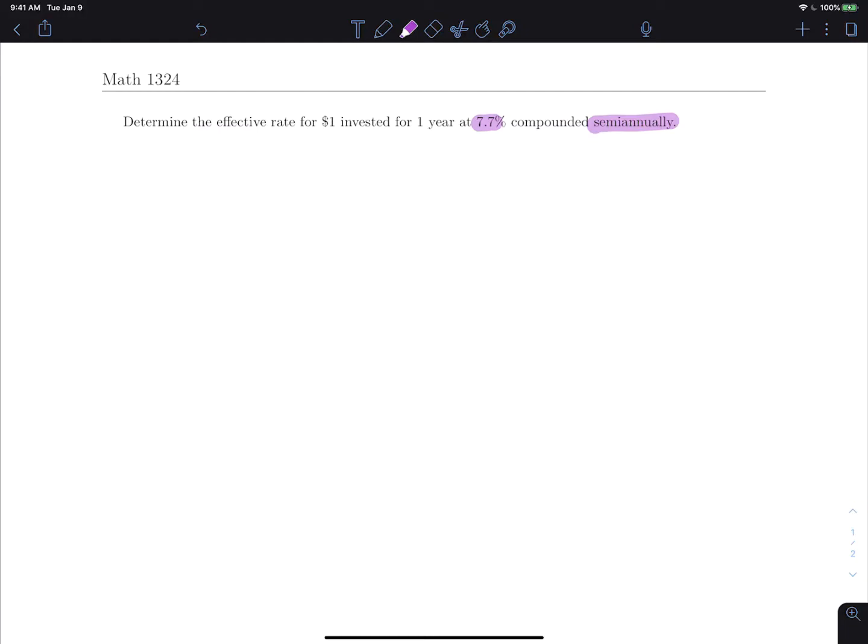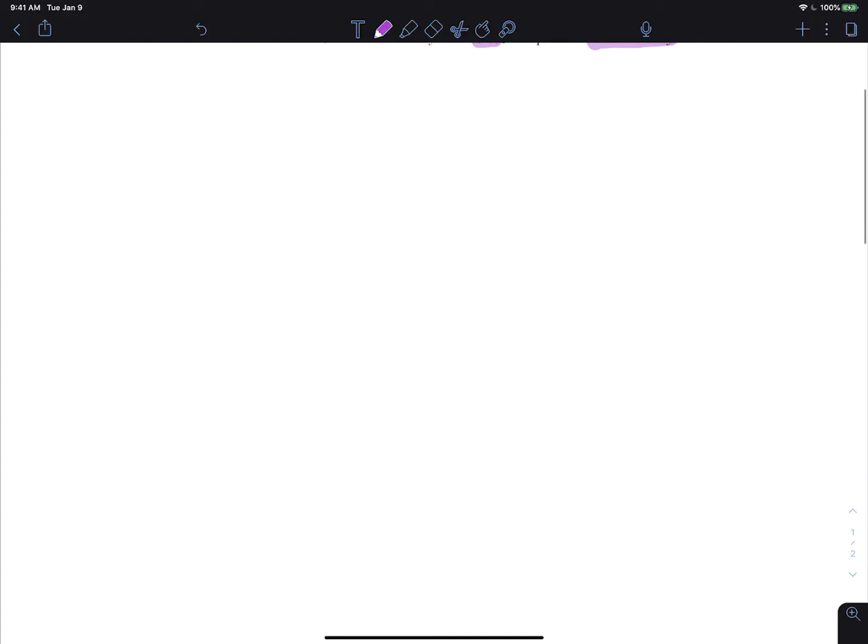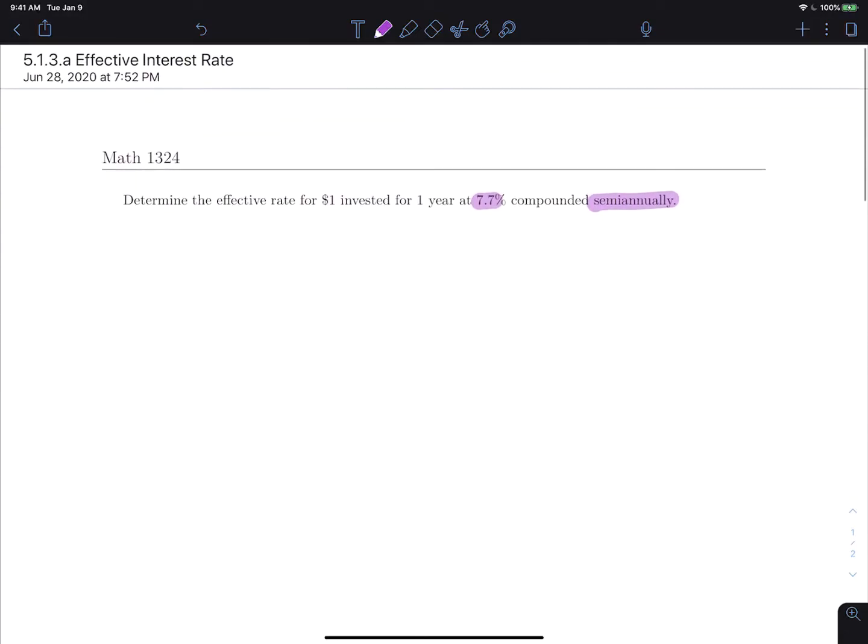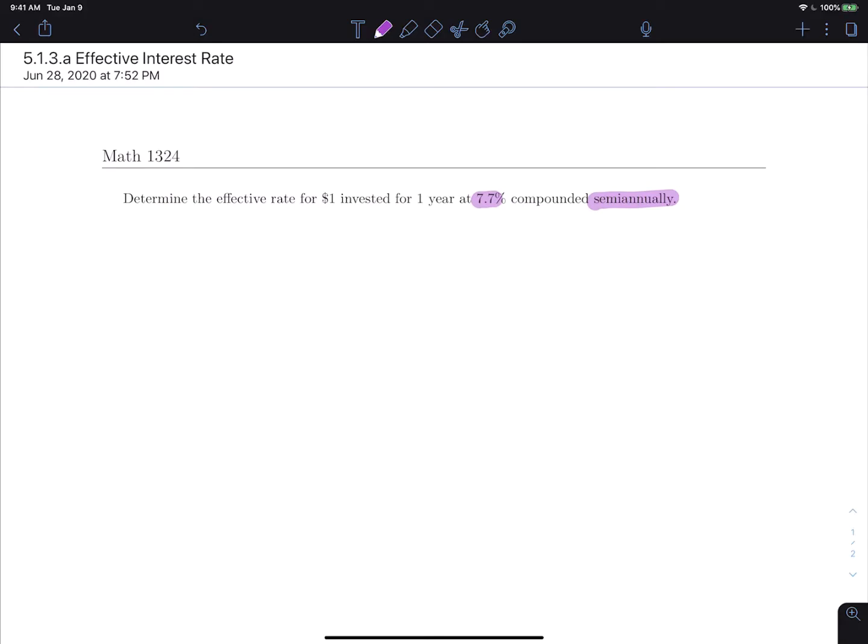And here's the reason. The very definition of effective interest rate is basically the following. The effective interest rate would be taking the future value of the effective and making it equal to the future value of the actual amount that you have.